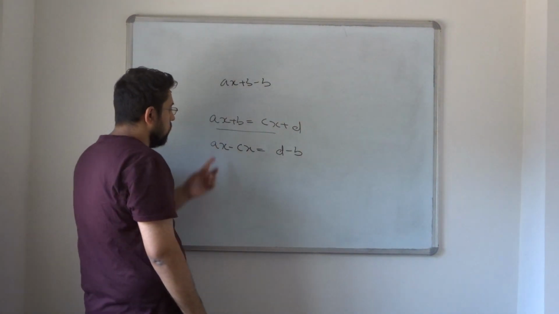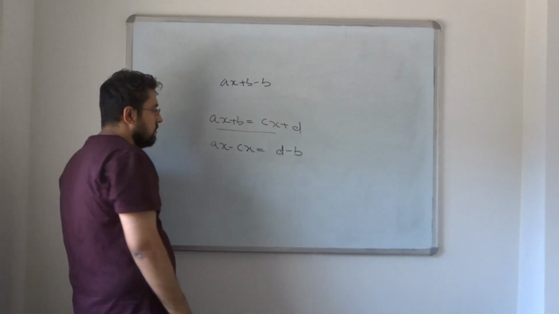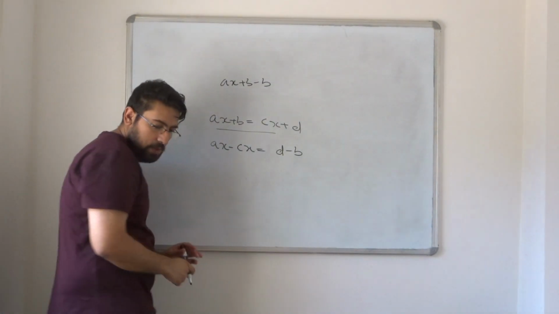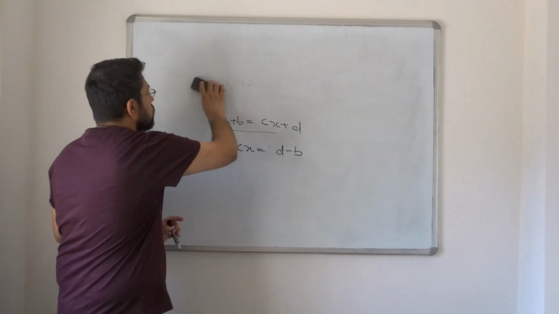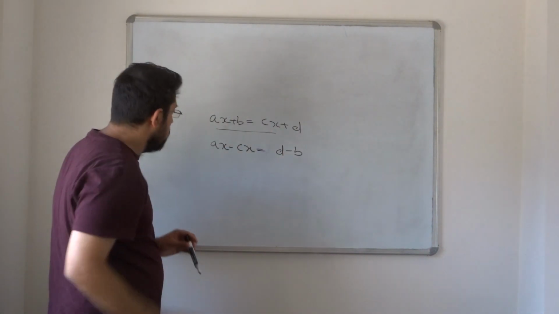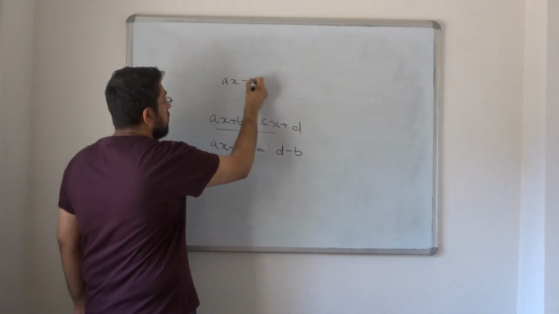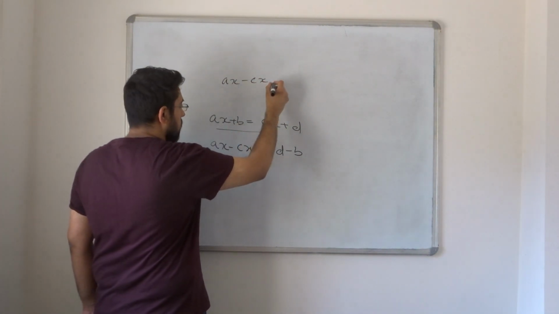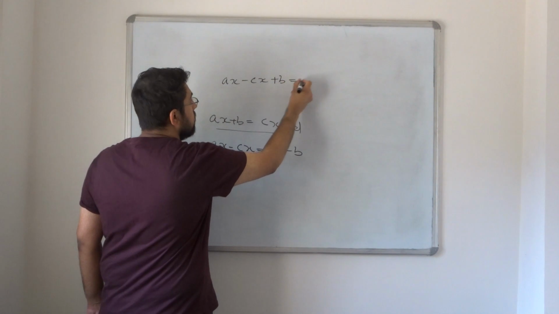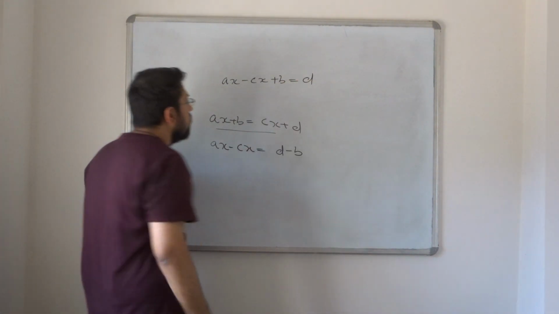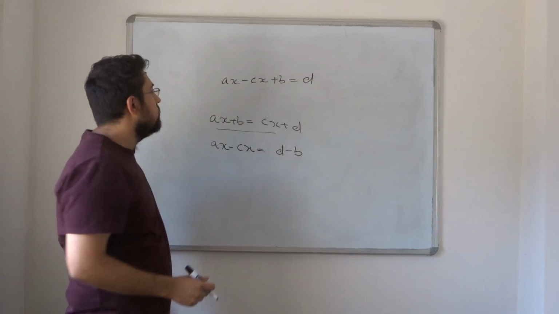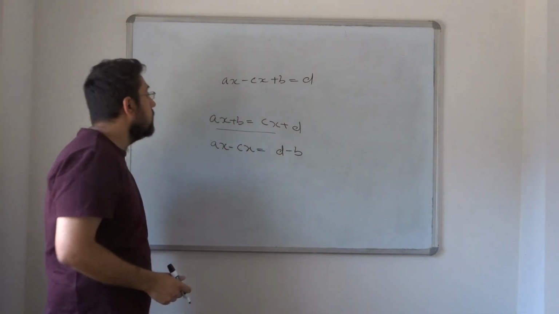But remember, you'll also have an a minus x as well. So basically, let me just show you how this will be done. You're going to have ax minus cx, plus b equals d. And then obviously, you're going to take this to the other side. You know how to do it.